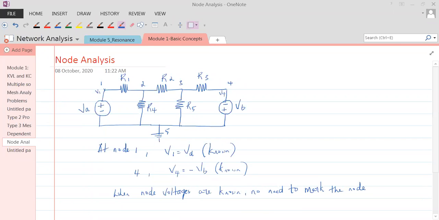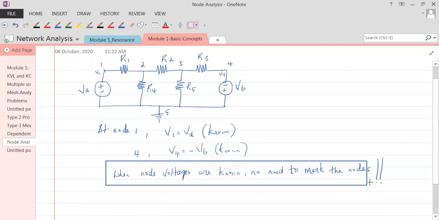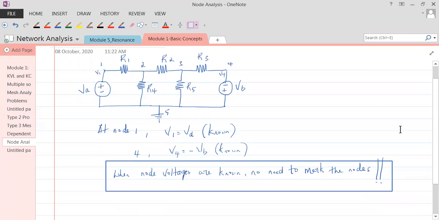Everybody understand this? This is something one needs to remember. Get that point? Since we know V1 and V4, it's not necessary that we apply nodes there.